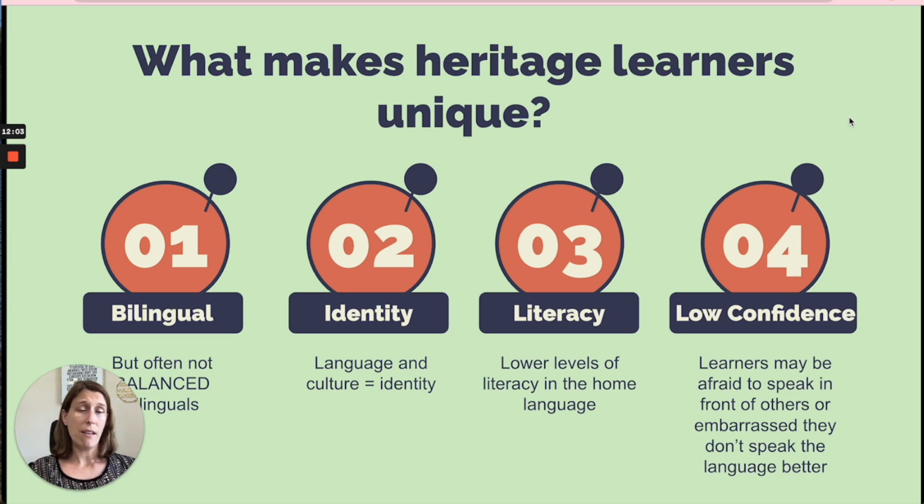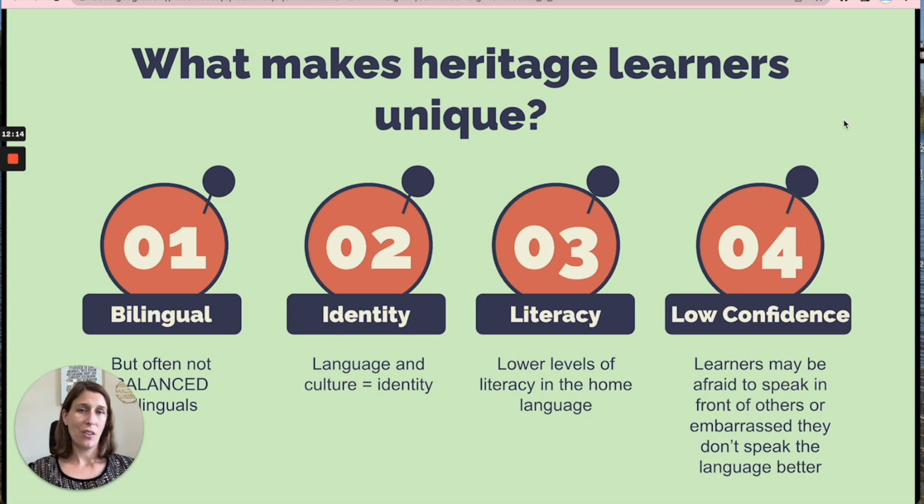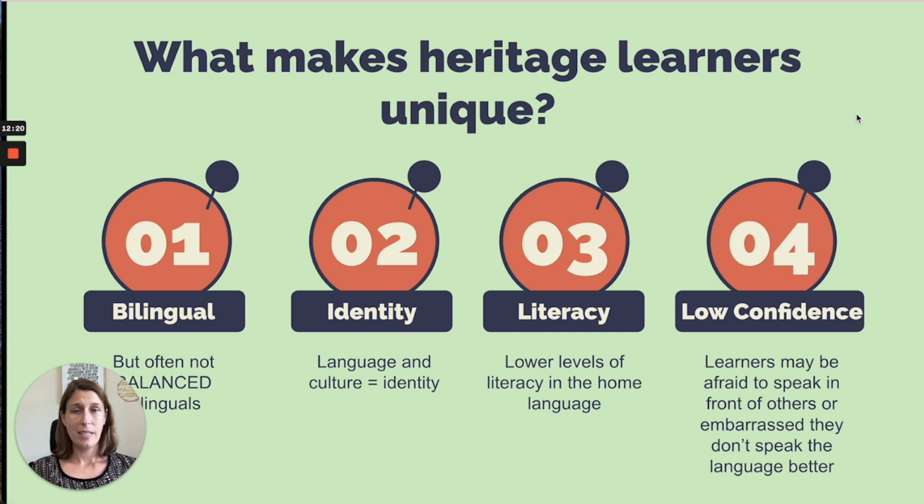And sometimes they have had formal classes. For example, weekend schools to learn Mandarin is quite common here, but in general, they're going to be much stronger readers in English.